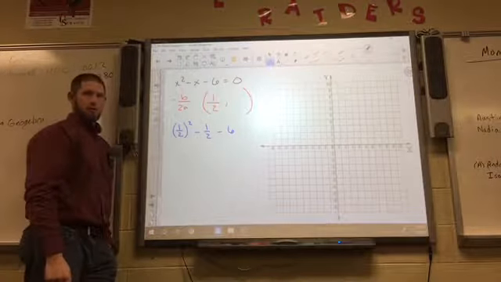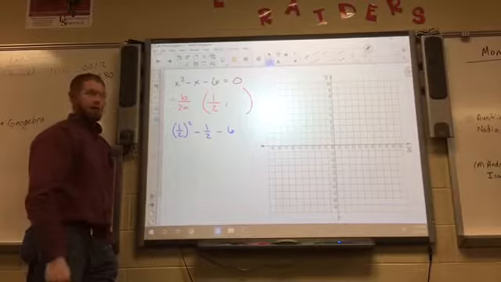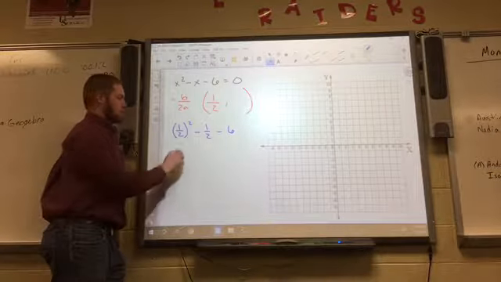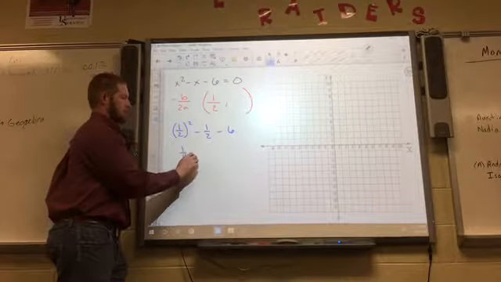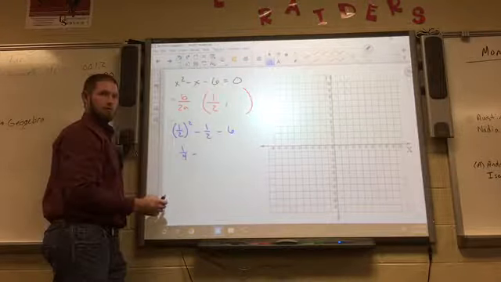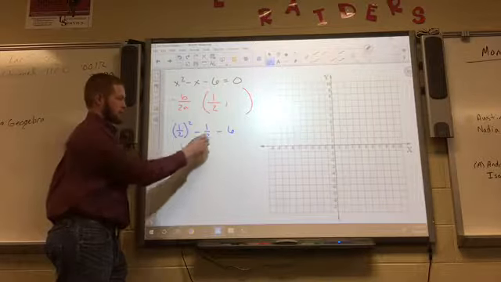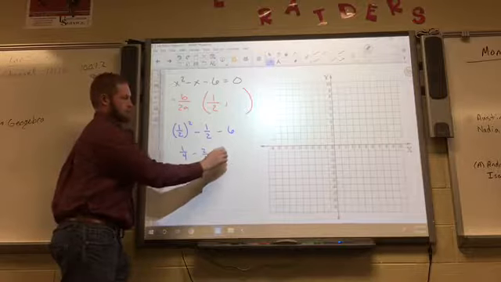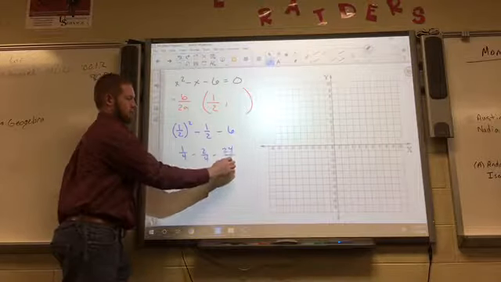Everybody with me so far? I just took my x value and plugged it in. Now I'm going to find my y value. Well, 1/2 squared is 1/4. Minus, I'm going to go ahead and change these to denominators of 4. Is everybody with me on that? Okay, so I would have negative 2 over 4 minus 24 over 4.